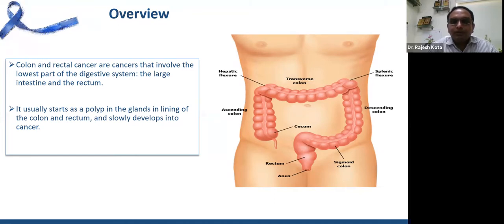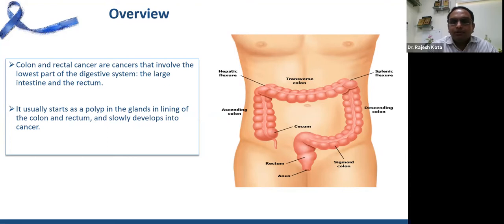From the stomach, partially digested food goes into the small intestine, and from the small intestine, the residual fecal matter goes into the large intestine, where water gets absorbed and the solid fecal matter comes out through the rectum and the anal canal. This is the brief anatomy and physiology of the human digestive system.